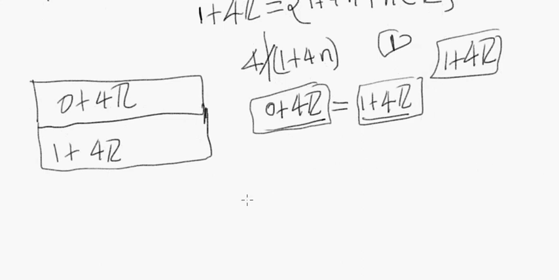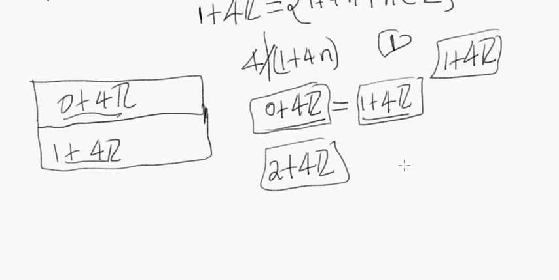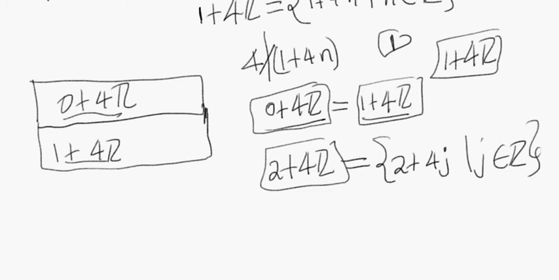Another thing we notice, how about if we consider 2 plus 4Z? Does 2 plus 4Z have any element in common with 0 plus 4Z or 1 plus 4Z? Well, 2 plus 4Z is the set of all 2 plus 4j such that j is an element of Z. That's by definition what it is.